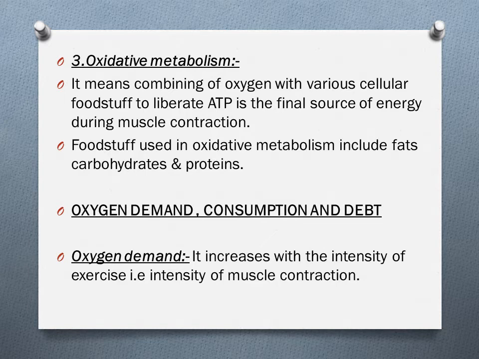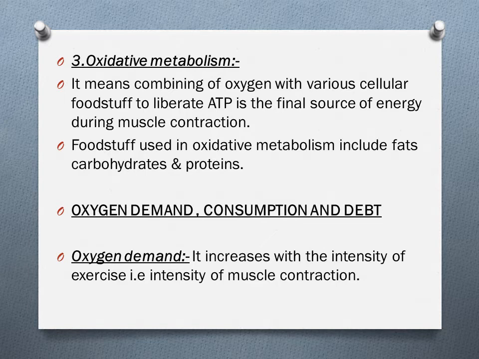Now coming to the oxygen demand, consumption and debt in the body during any type of exercise, or any type of work done by the muscle. What is the oxygen demand of the body during the process of muscle contraction or doing any work?